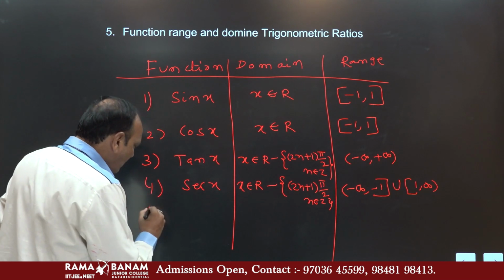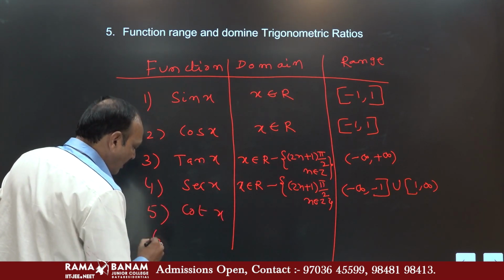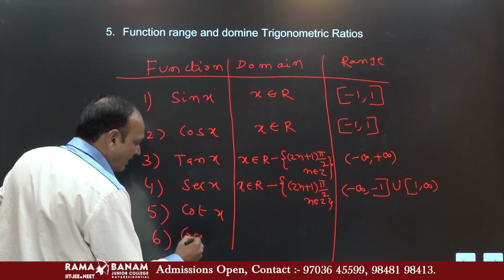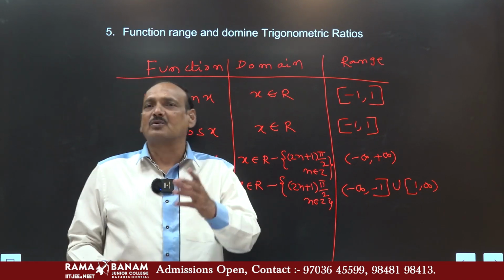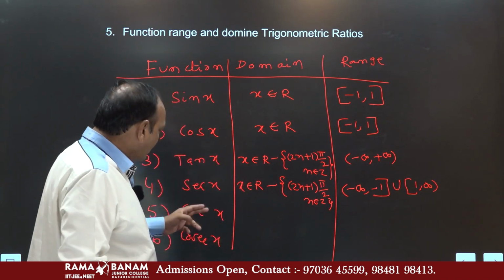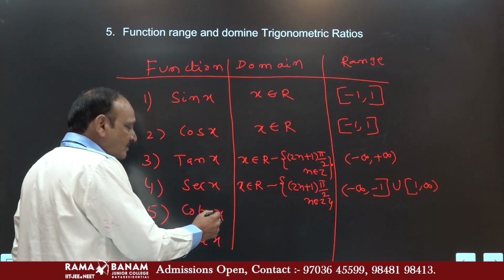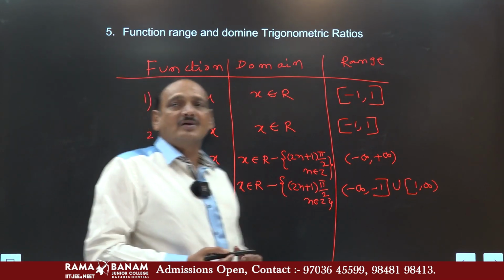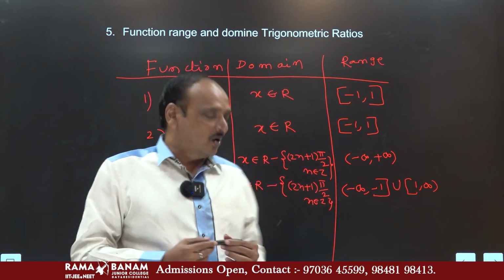And fifth, I am taking cot x, and sixth I am taking cosecant x, because I already explained in the identities that 1 plus cot square x is equal to cosecant square x. Now cot x and cosecant x have the same domain. That means if I give x equal to 0 degrees, cot 0 is not defined, cot 180 was not defined, cot 360 degrees was not defined.